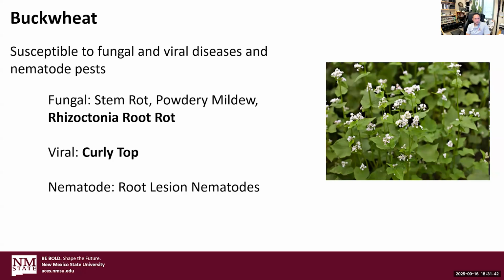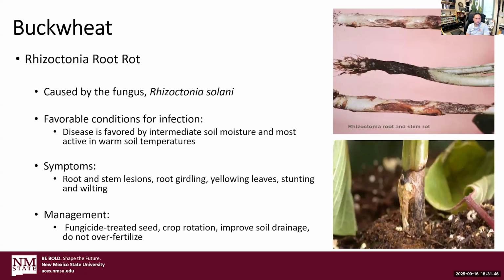For buckwheat, there are a couple of diseases that we'll highlight. The first one being Rhizoctonia root rot, caused by the fungus Rhizoctonia solani. The disease is favored by intermediate soil moisture and most active in warm soil temperatures. If you pull up the root system, you can see some root and stem lesions developing.